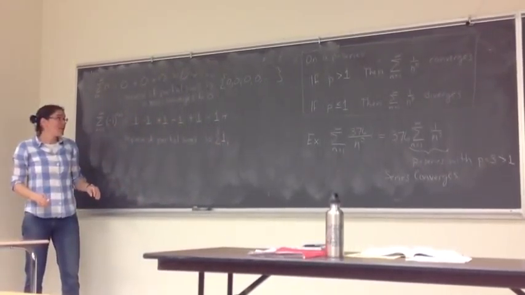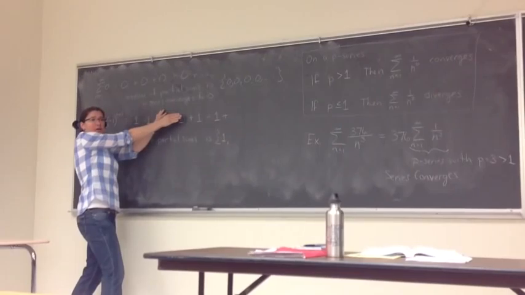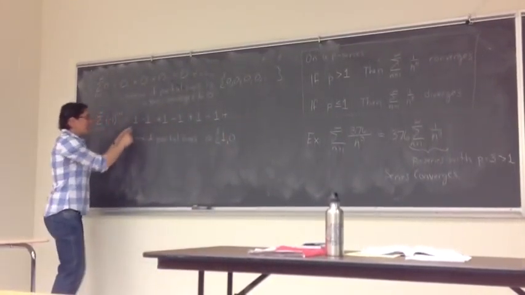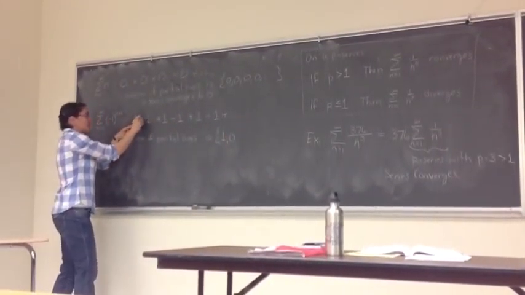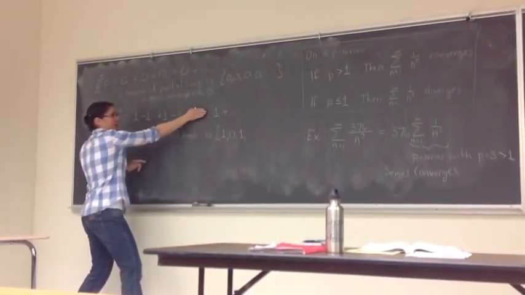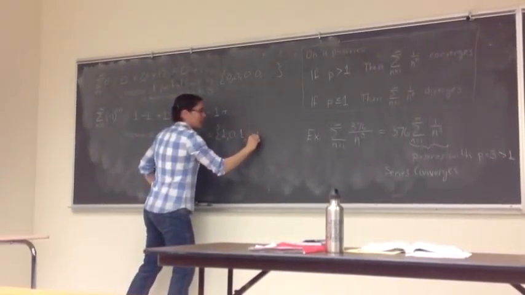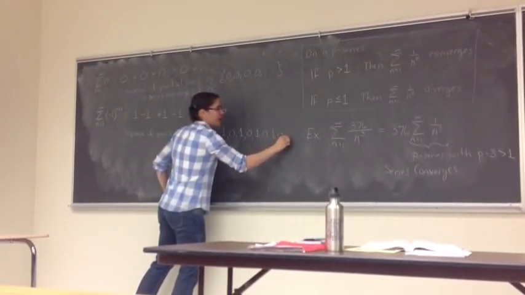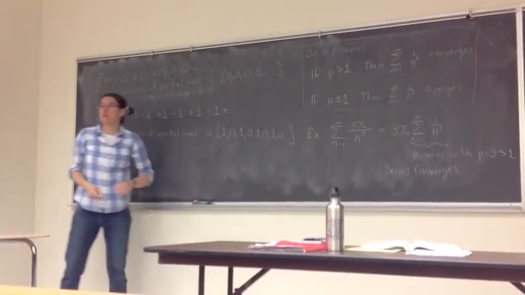And if I add the first plus the second number, what do I get then? 0. And if I add the first plus the second plus the third, I get 1. First plus the second plus the third plus the fourth, 0. And so my sequence of partial sums is alternating between 0 and 1.